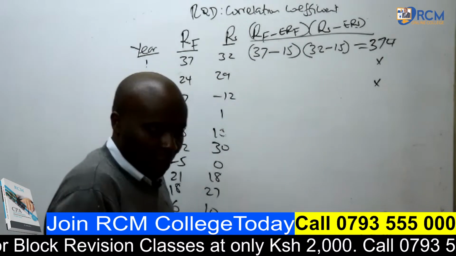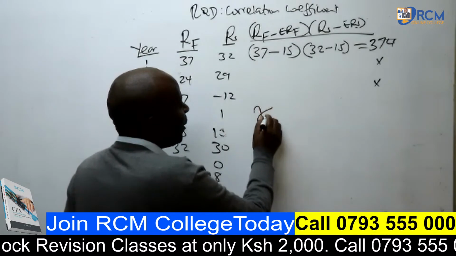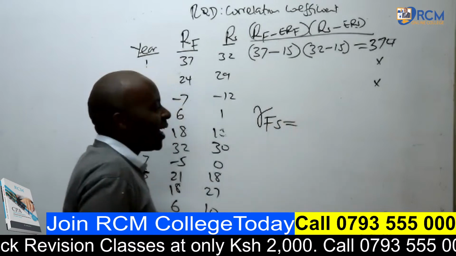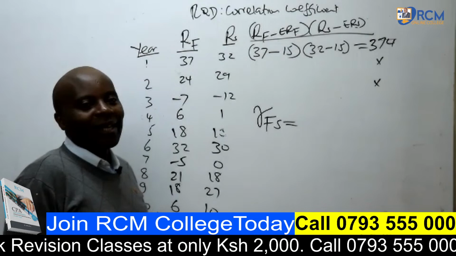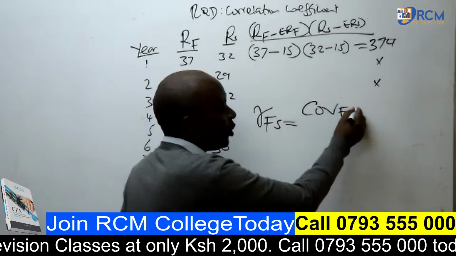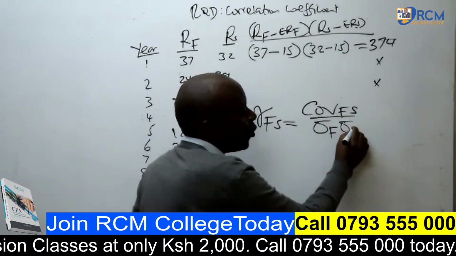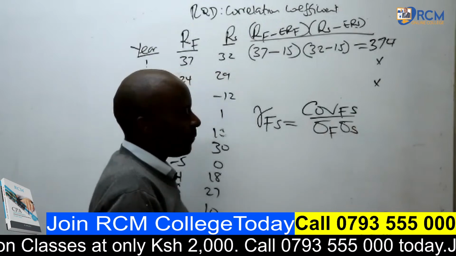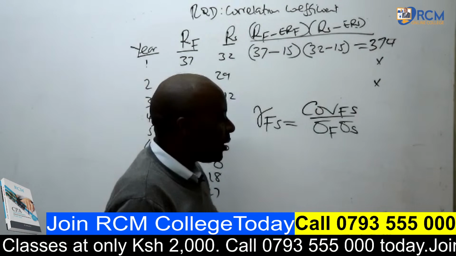Because of that, now I should be able to get R between F and S. To get this R between F and S, we take the covariance between F and S divided by the respective security standard deviations. Whatever you have obtained here, remember it's not yet covariance.